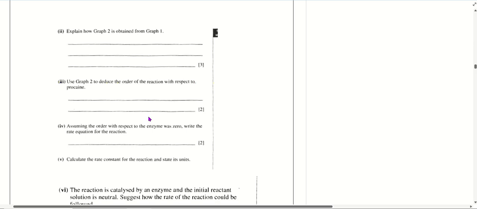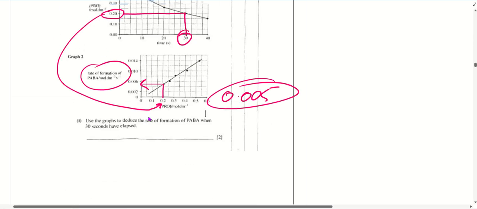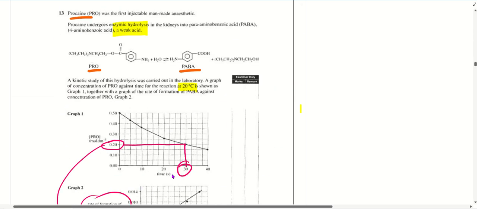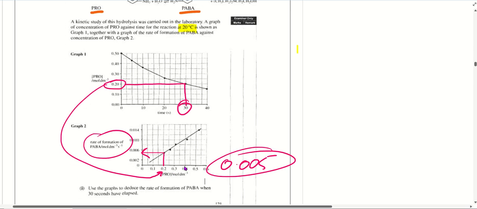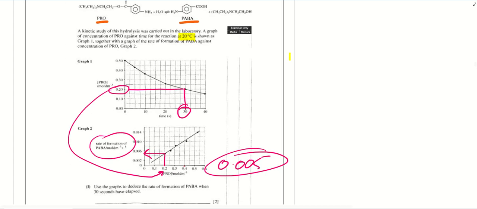Okay. The next question asks us, how do you make graph 2 from graph 1? Well, if we look at the equation up above, and this is important, our PRO and our PABA are in a 1-to-1 ratio.